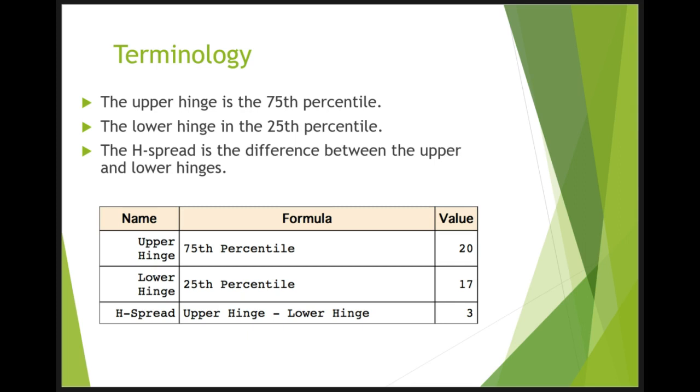Then there's the lower hinge, the 25th percentile, sometimes called the first quartile or Q1. The H-spread is the difference between the upper and lower hinges. For the women's data, the upper hinge is 20, the lower hinge is 17. The H-spread is 20 minus 17, which is 3.